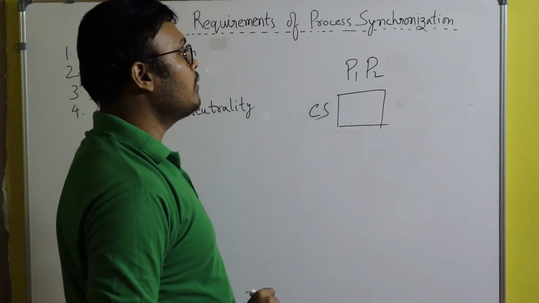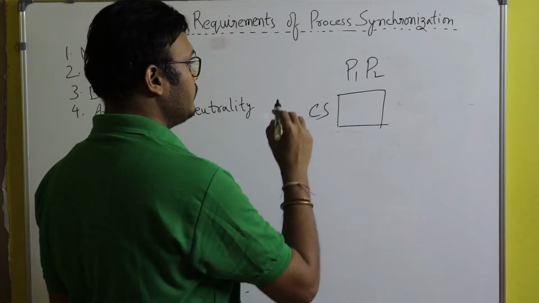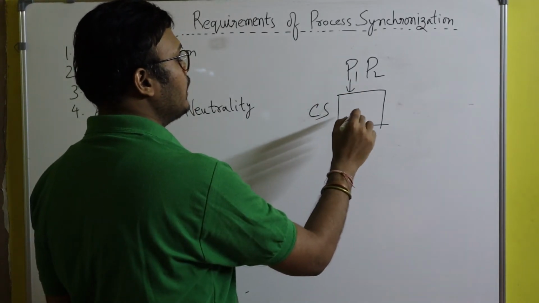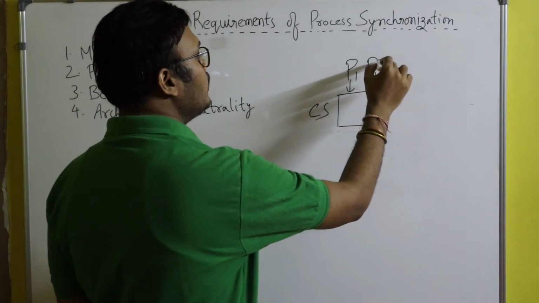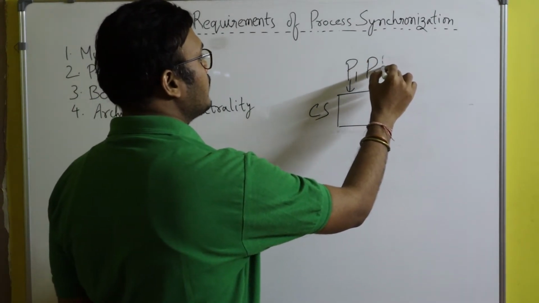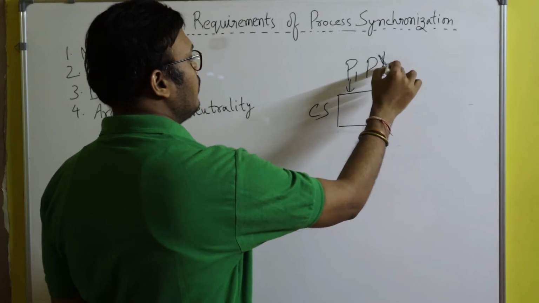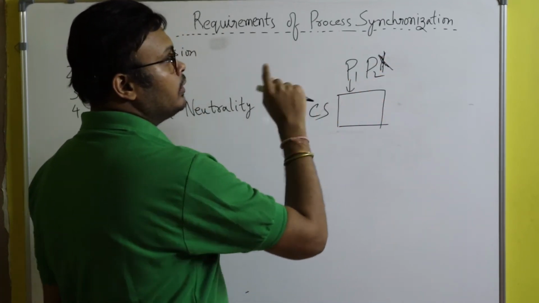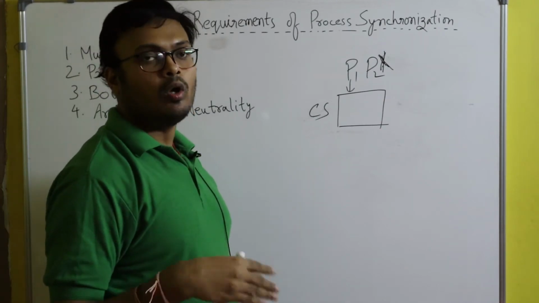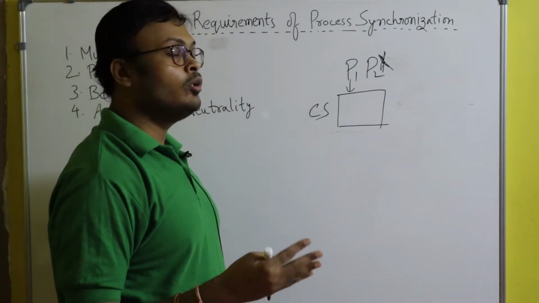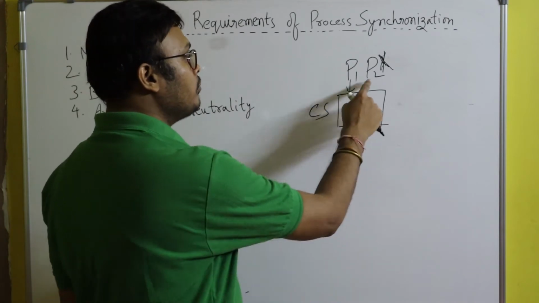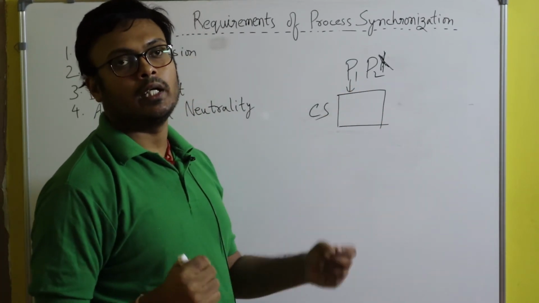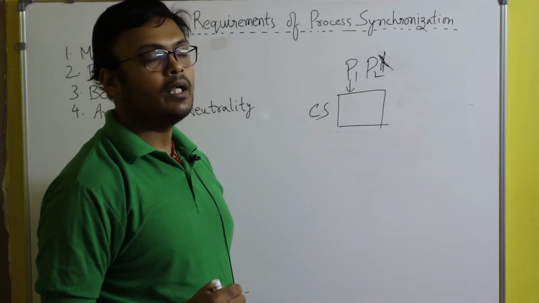But sometimes it may happen that process P1 wants to enter inside the critical section, and process P2 doesn't want to enter. But process P2, although not interested to enter itself, will also not let the other process enter. Are you getting it?